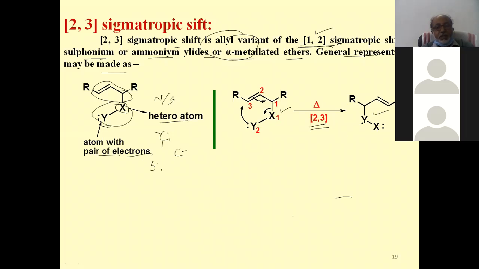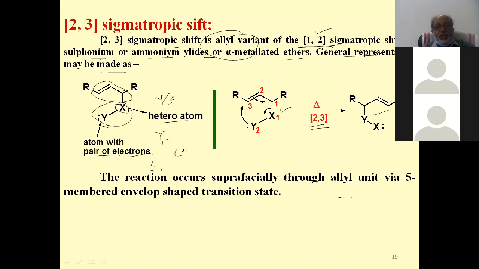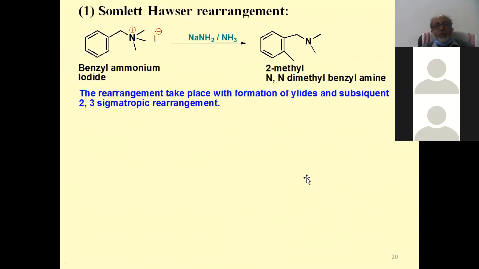Let us see some examples then. The reaction occurs through the allyl unit via a five-membered envelope-shaped transition state. So we have a transition state like this. Involving this geometry, we'll have some other discussion later on.